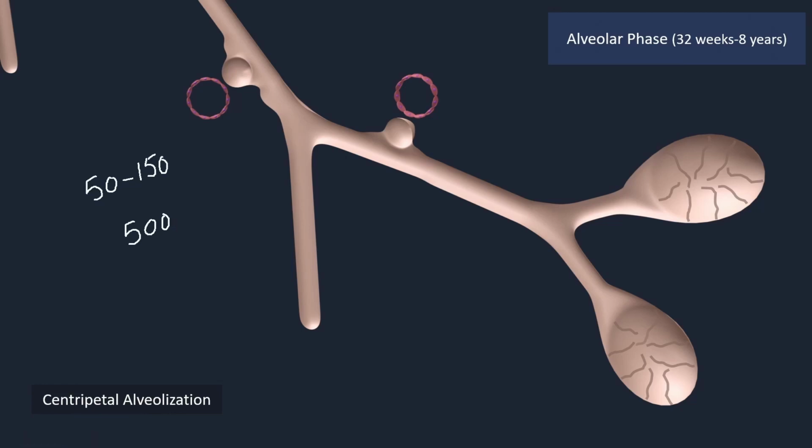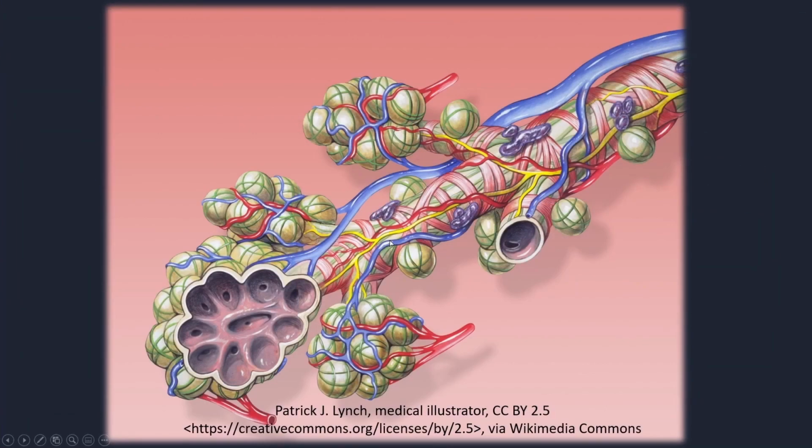So these alveoli are formed in the alveolar phase, which continues postnatally as well. As a result of all these phases, ultimately we have the respiratory bronchioles, which divide into the alveolar ducts, which open up into these alveoli. Basically these alveoli are interconnected with each other, and in this way they maintain their pressure.